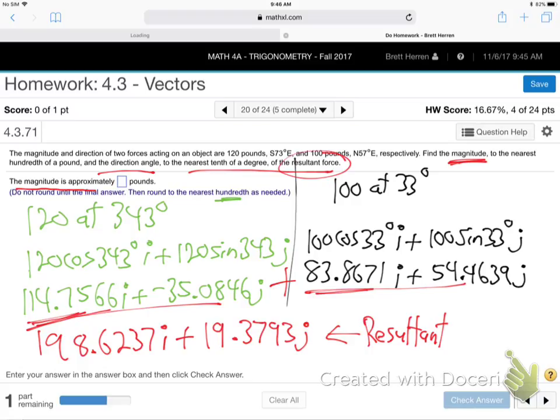So we can do that. Okay, so how do you find the magnitude of that thing? Well, square root of a squared plus b squared, right? Remember that? I'll go to a fresh screen and we'll do magnitude.